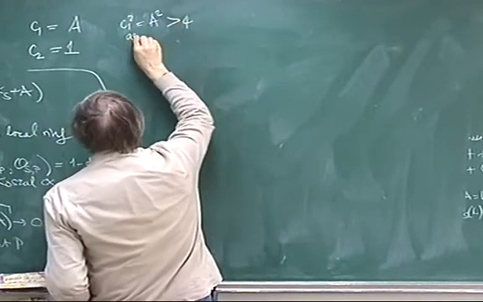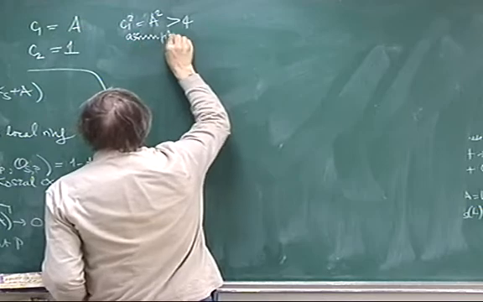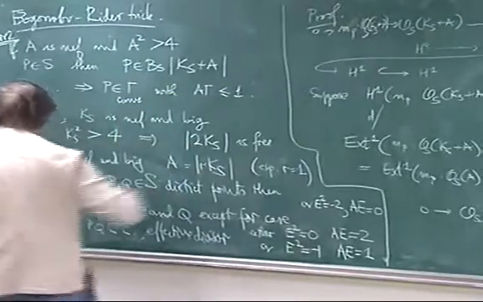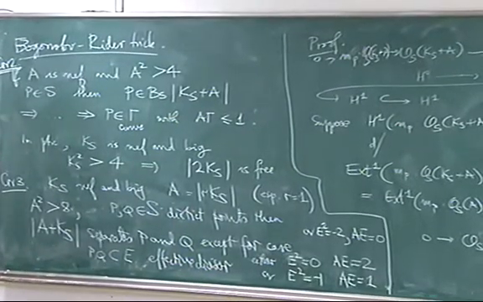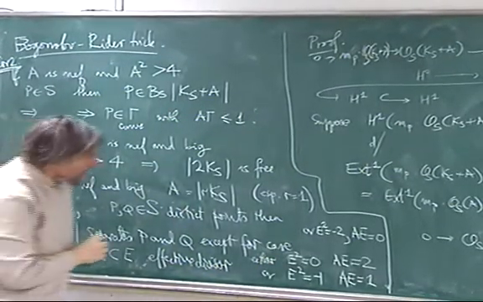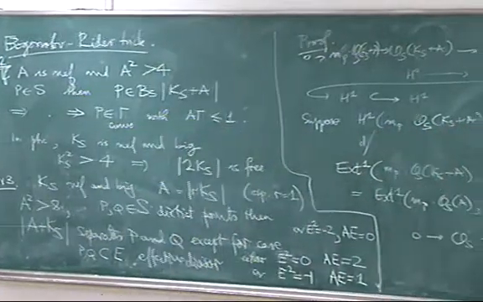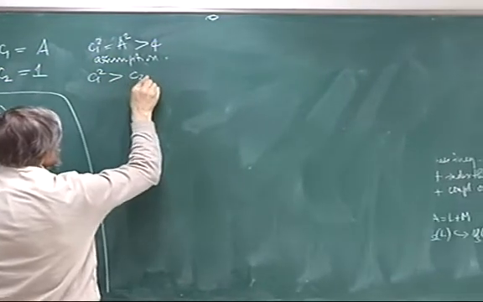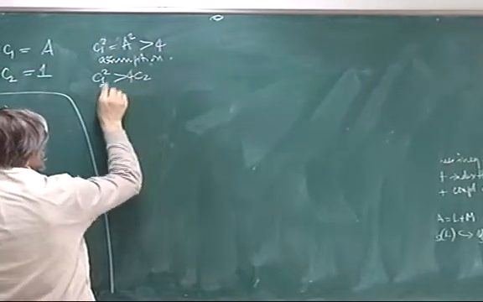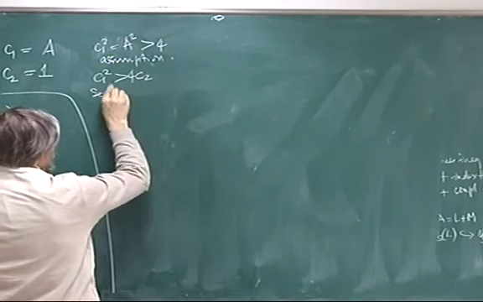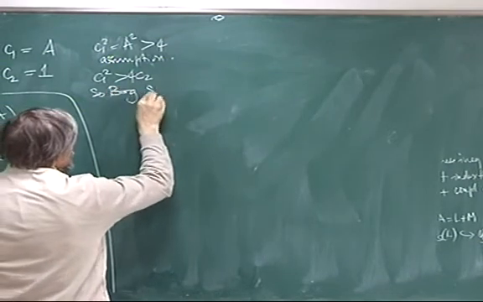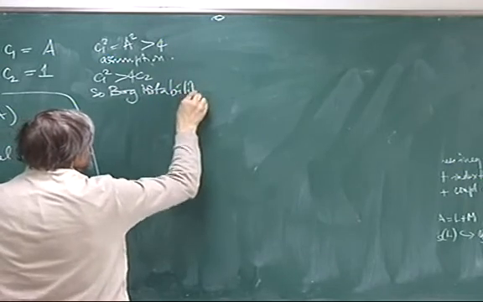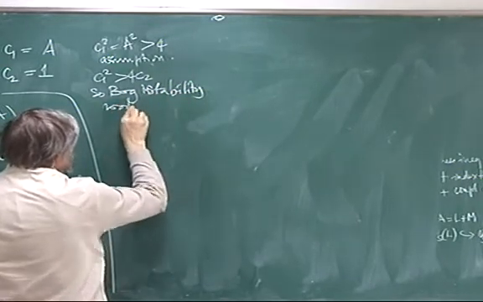This is the assumption. So this argument doesn't start working if A squared is equal to 4. This argument is strictly when A squared is strictly greater than 4. And so therefore C1 squared is greater than C2, and so Bogomolov instability applies. Works again.